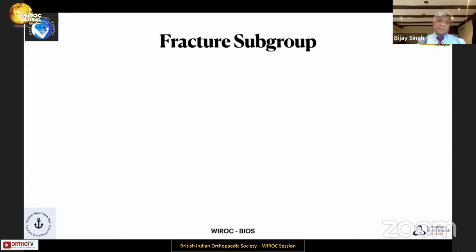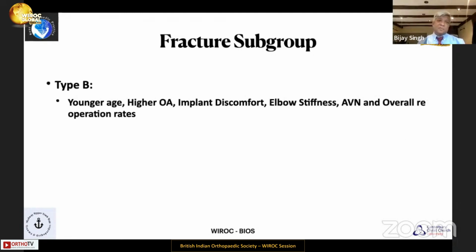If we delve in further and look at this fracture subgroup, so in the type B, which is less comminuted, with less intra-articular comminution, there was seen in younger age group patients, increased incidence of OA, increased incidence of implant discomfort and stiffness, and overall reoperation rates were higher.